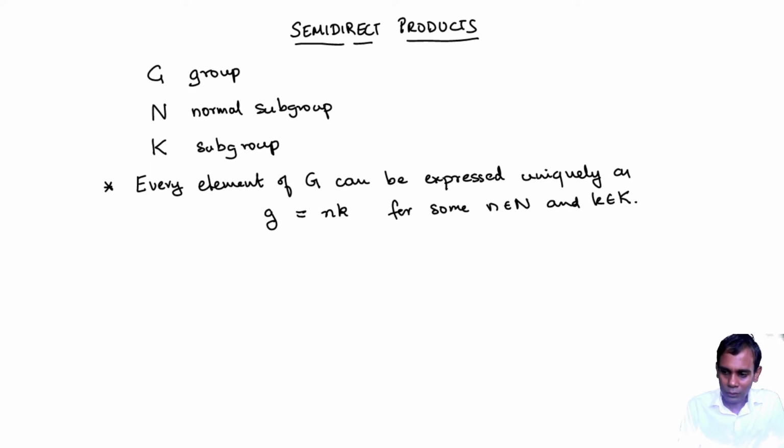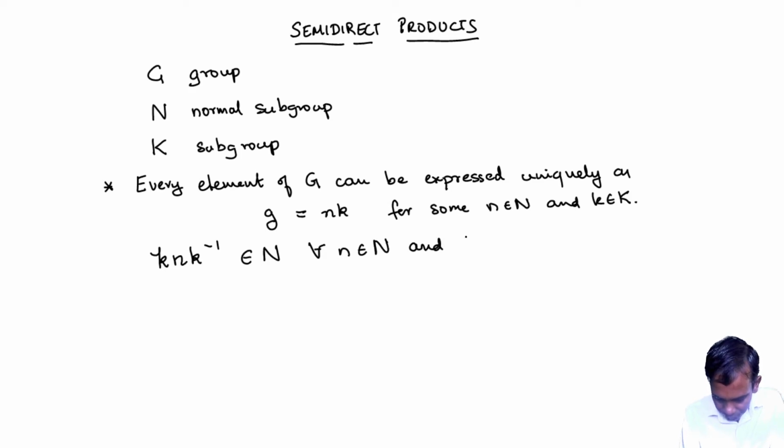Okay, so then what you can do is you look at the elements of the form k n k inverse for any n in N and k in K. Now because capital N is a normal subgroup of G, this thing belongs to N. Okay, so let's write, this is some other element n prime.